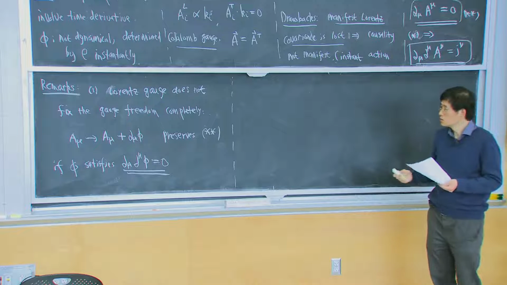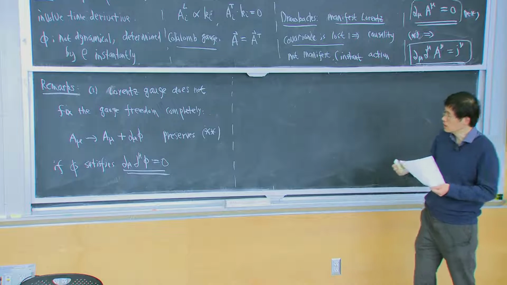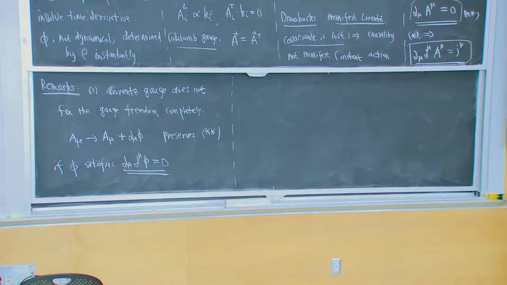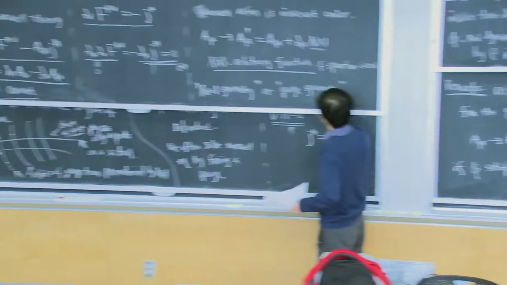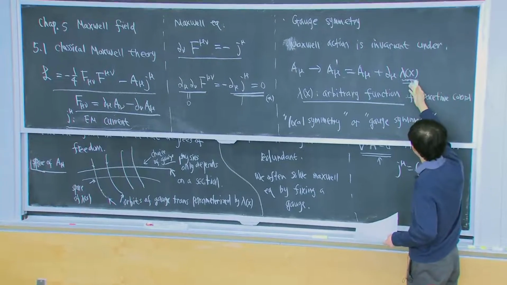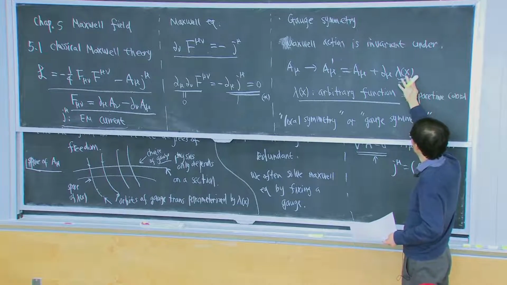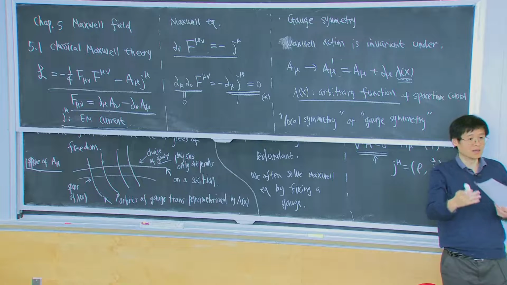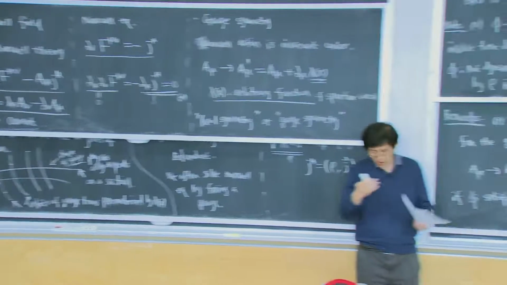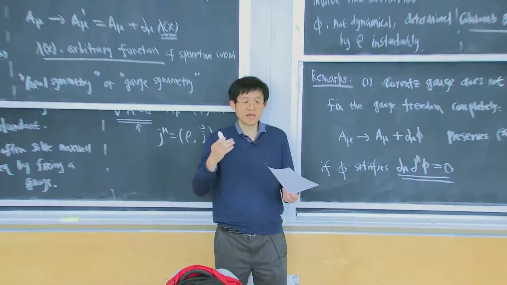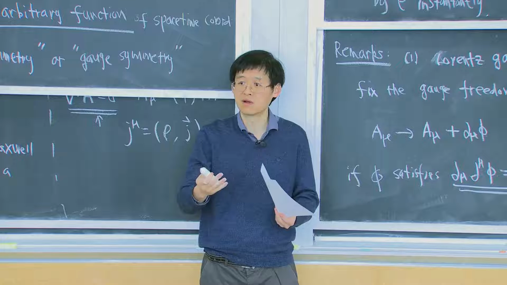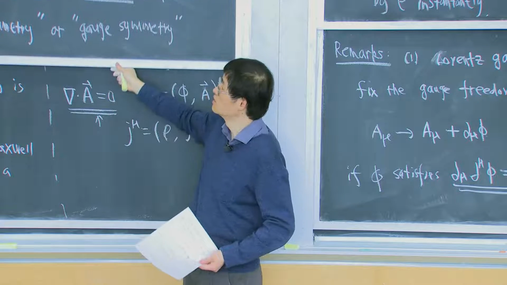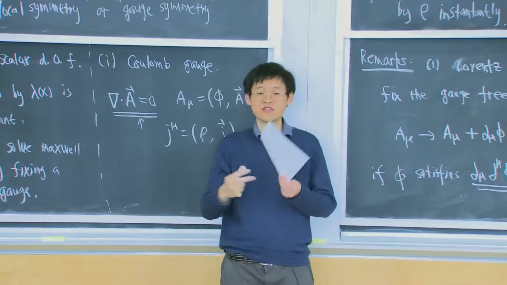If you look at this freedom, lambda is an arbitrary function. You can view it as an arbitrary scalar field with no constraints, an arbitrary off-shell scalar field.